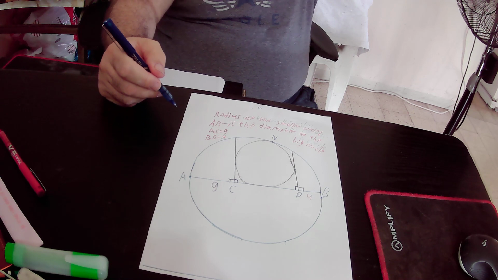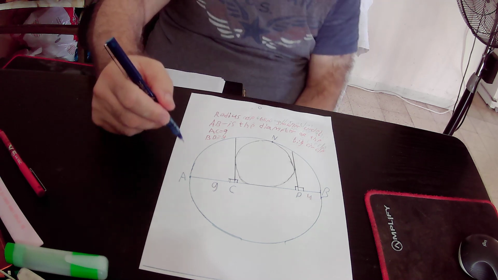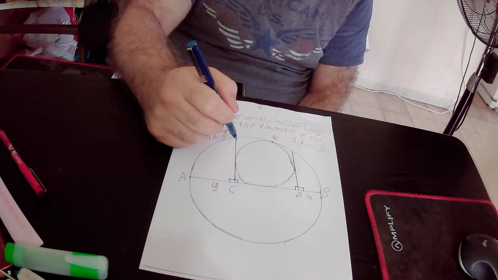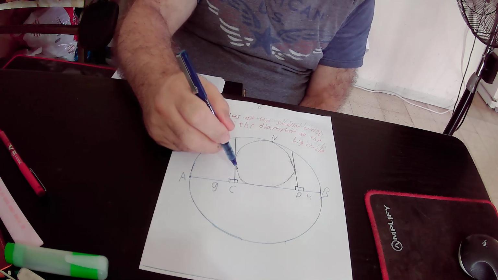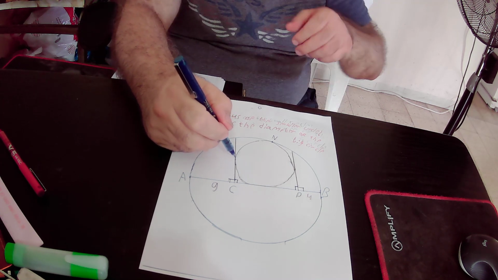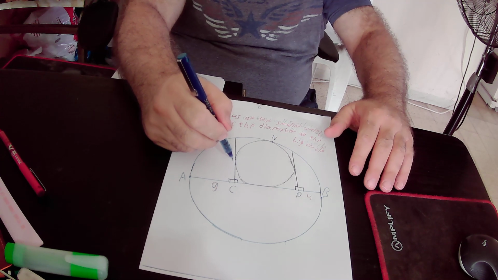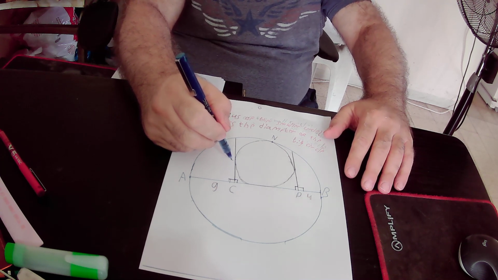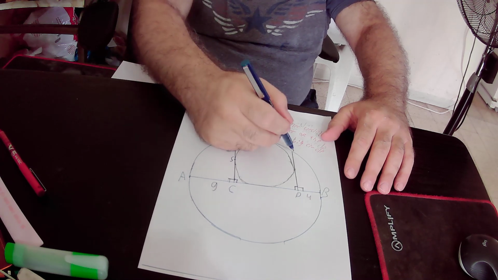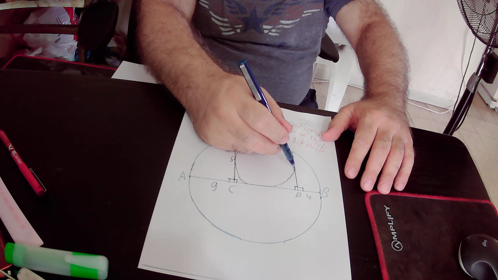And for the same reason, this is also a right angle. And we actually have three tangents to the small circle. This tangent is tangent to the circle at this point. So let's call this point point S, and this tangent is tangent to the circle at this point.